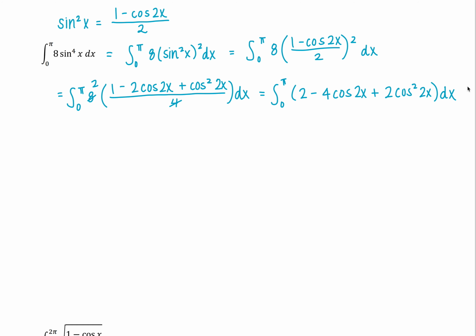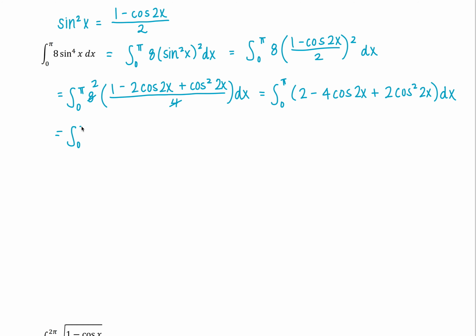Now, the first 2 terms are ready to go. We can integrate them right now. That third one, we are going to need to use a trig identity one more time. So what I'm going to do is break this down into 3 separate integrals.